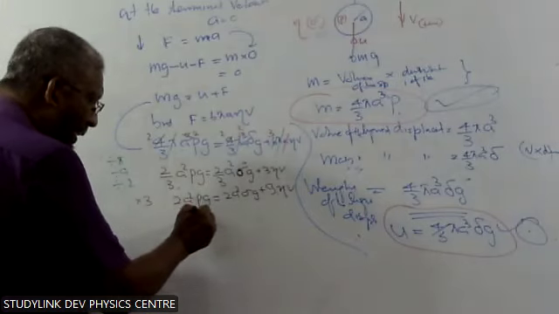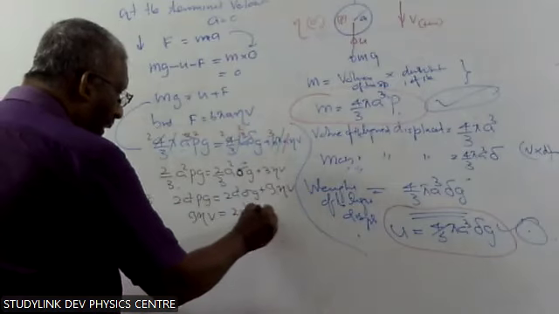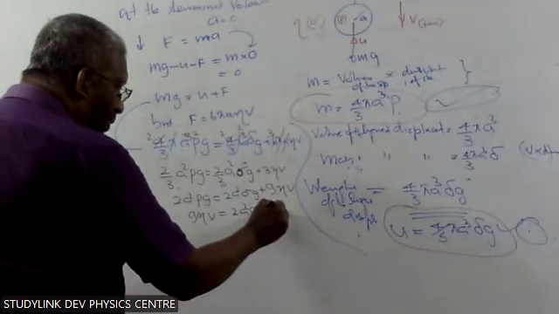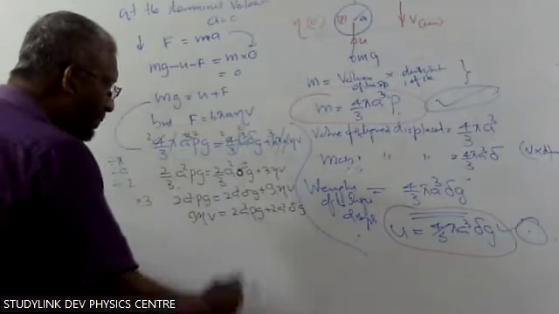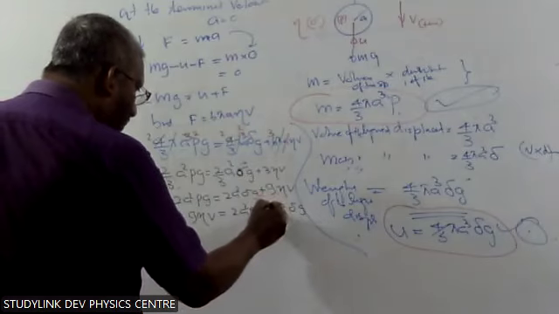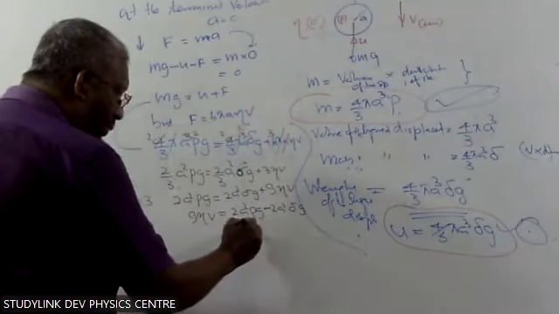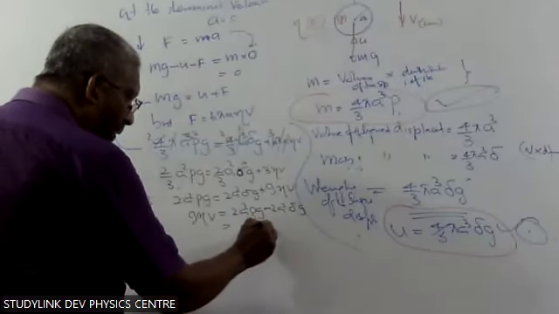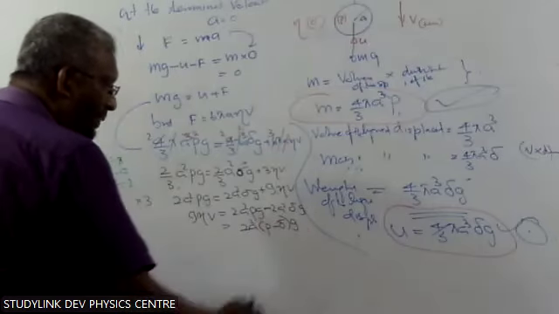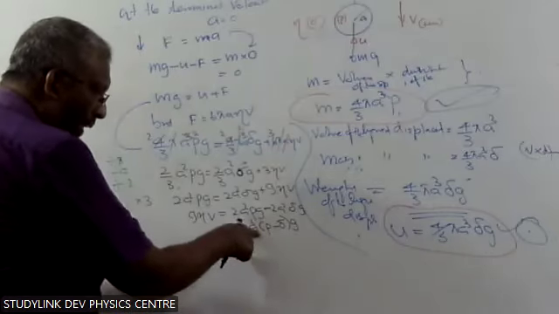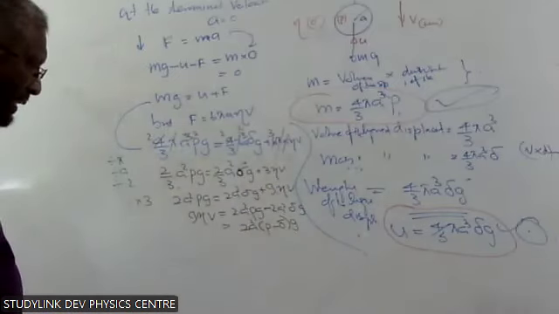Then 9 eta v is equal to 2a squared rho g minus 2a squared sigma g. Then this is equal to 2a squared into rho minus sigma into g. g is also common, I could have taken it here, but I wrote it up there because that is how we standardly write it.